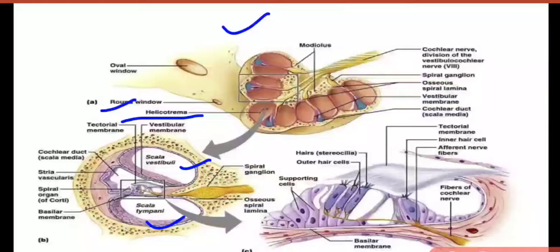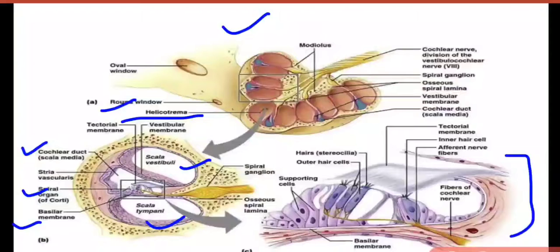And in the cochlear duct, which is known as scala media, there is the spiral organ. Spiral organ is also known as organ of Corti, which rests on the basilar membrane. Now this diagram is the zoomed part of this organ of Corti. Organ of Corti has three types of cells.